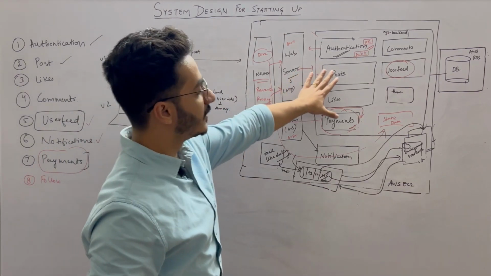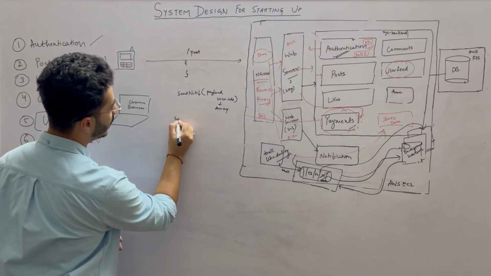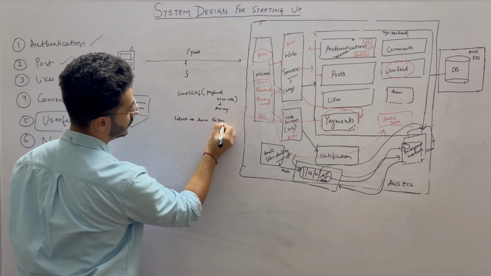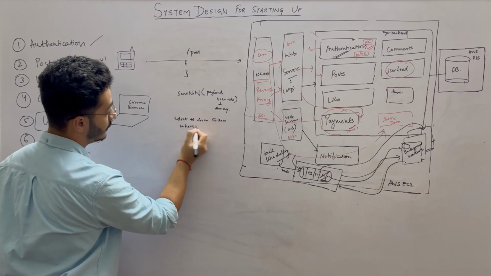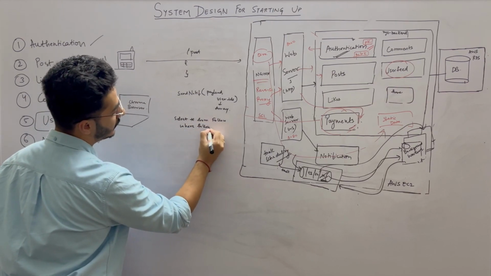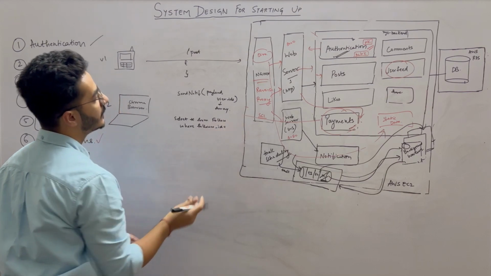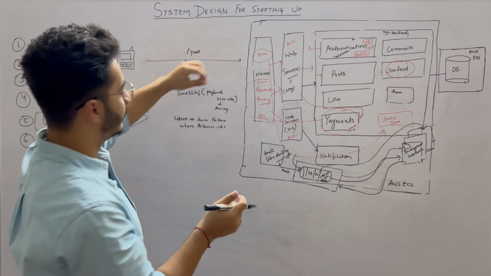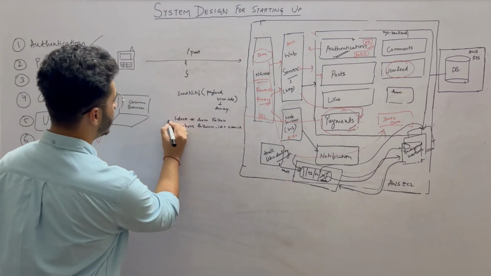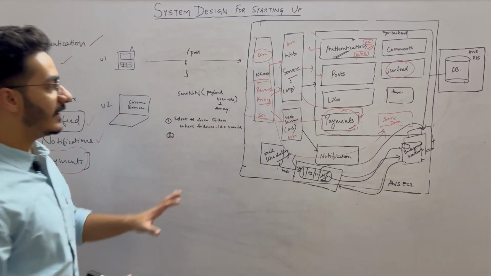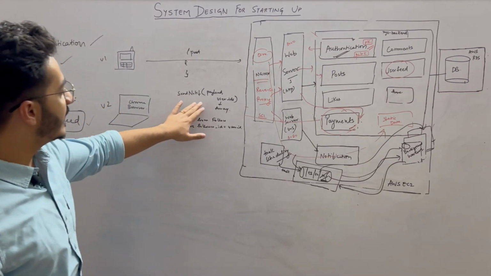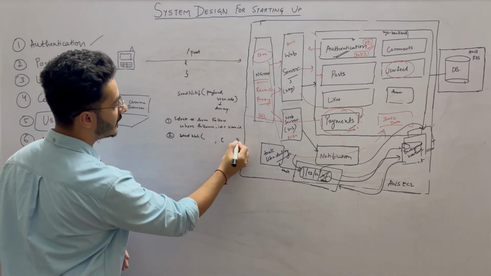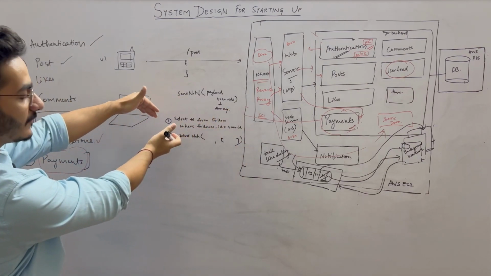So what this post will do is first make a DB query: select star from follow table where followee ID equals the person who is hitting this post endpoint, so this user ID. This is the first step. Then it will call this function send notification and provide the payload, and pass the list of user IDs retrieved from the first part.